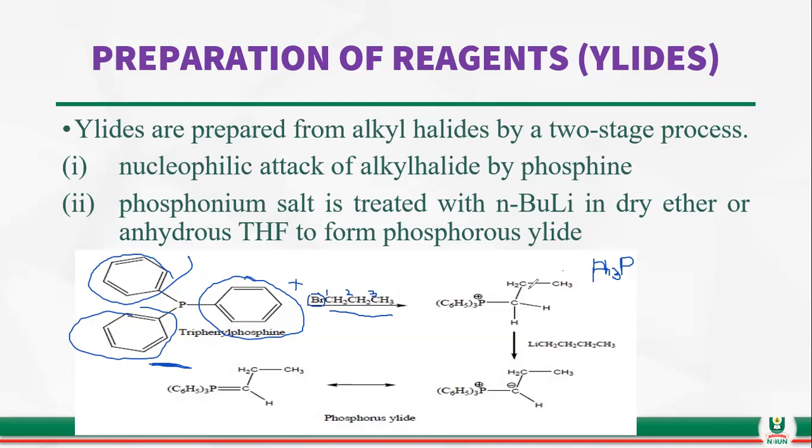And when that happens, we are going to be forming an internal positive charge on phosphorus and an external negative charge on the bromine. So when this happens, you discover that this C3H7 gets attached to the phosphorus, and by doing so, phosphorus has used something.